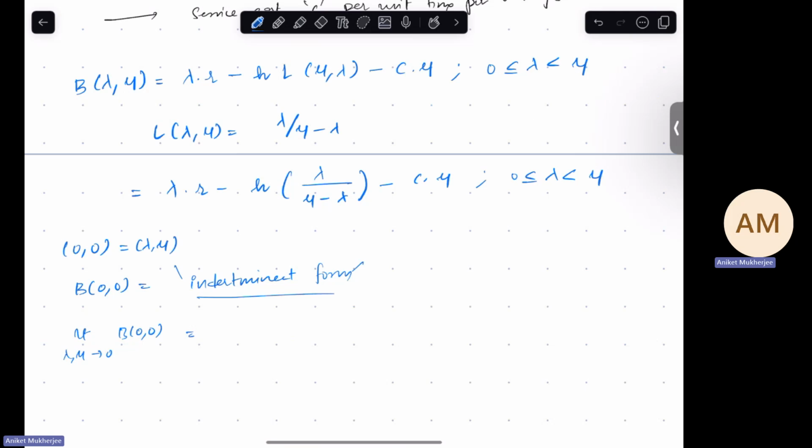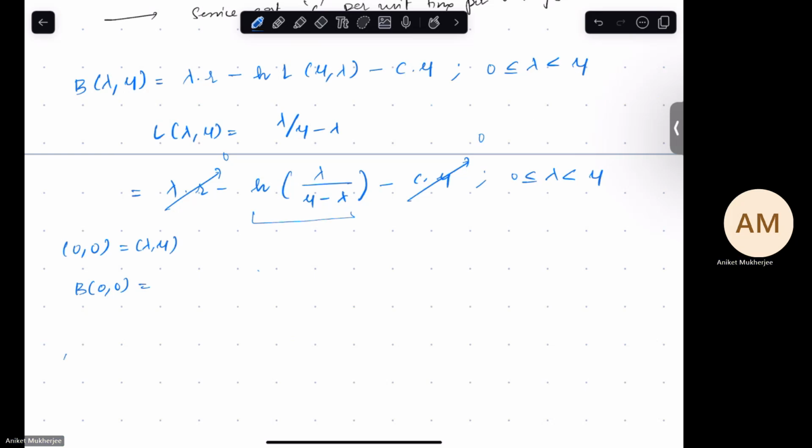So first we do a differentiation with respect to lambda. We see that R minus, at 0, 0, these both go to 0, right? Now what happens with this?